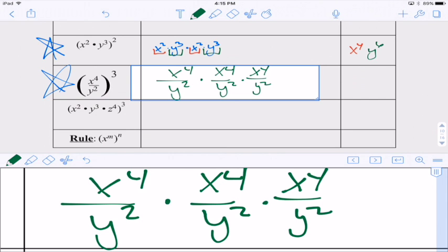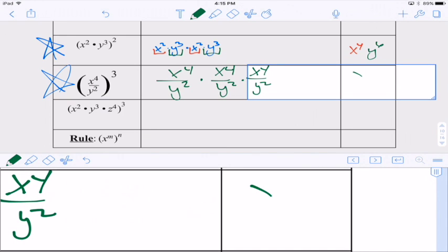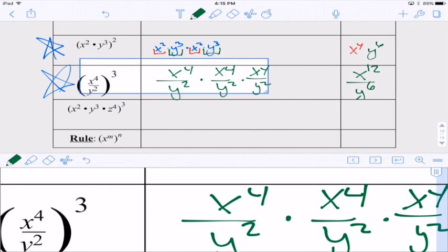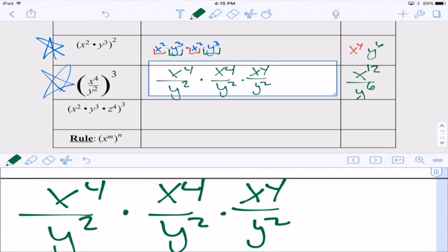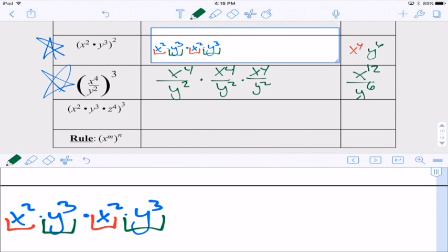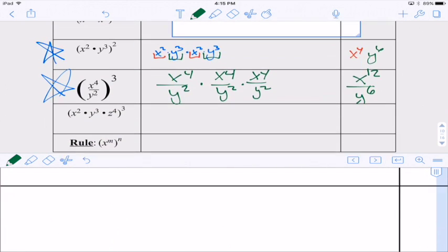Hopefully we're getting good at this, where you realize if you multiply all the tops together, that will give us x to the 4 plus 4 plus 4, which is 12, and y to the 2 plus 2 plus 2, which is 6. So I wonder if 3 and 4 and 3 and 2 have a relationship. What I need you to do is pause, work out the rest of them, and then we'll come back and hopefully you catch on to the pattern and write the rule by yourself.